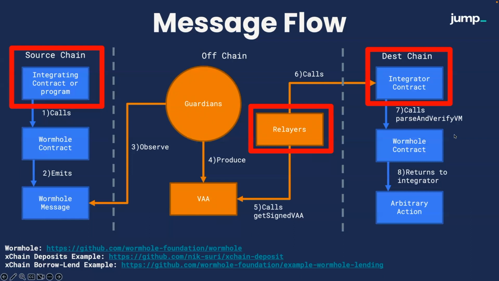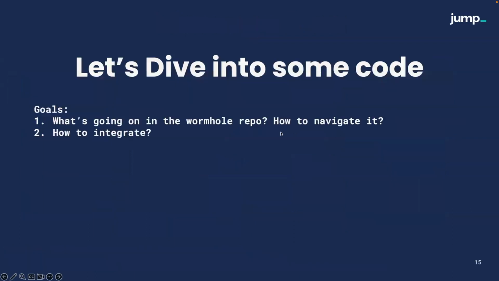So now let's dive into the code. We'll talk about the Wormhole repository, how to navigate it, and how to integrate with some of the functions on the Wormhole contracts, and then we'll talk about the examples, the cross-chain deposits and cross-chain borrow-lend examples, which are example projects or reference implementations of protocols that integrate with Wormhole.